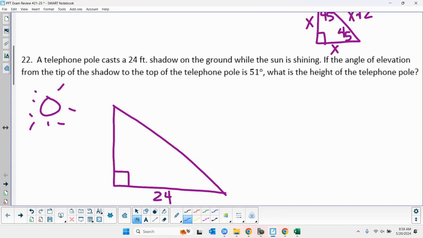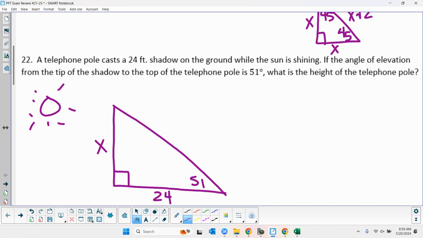So there's the 24 feet. From the tip of the shadow down here on the ground to the top of the telephone pole, that means this is the 51-degree angle. Here's our telephone pole. X would be how tall it is. So there's our picture. Any questions with that picture?